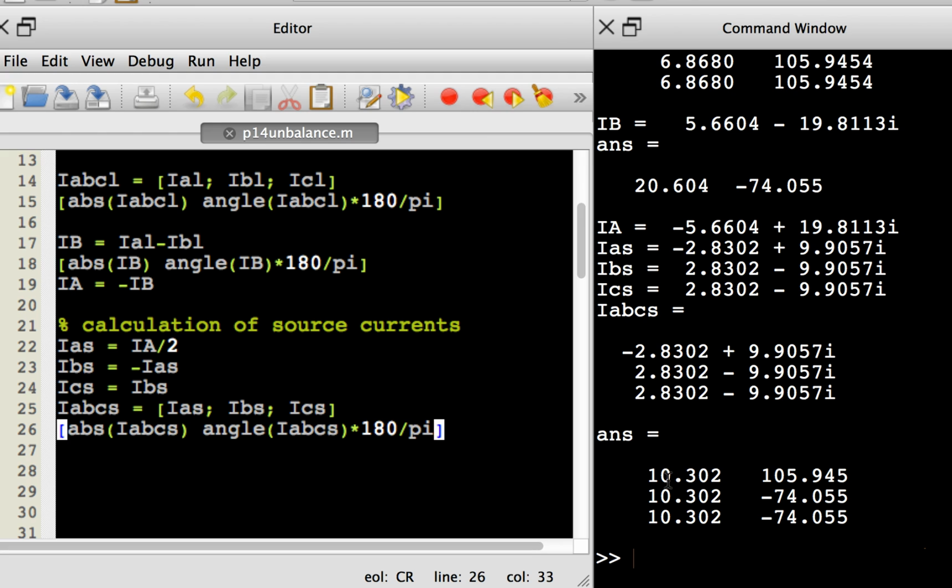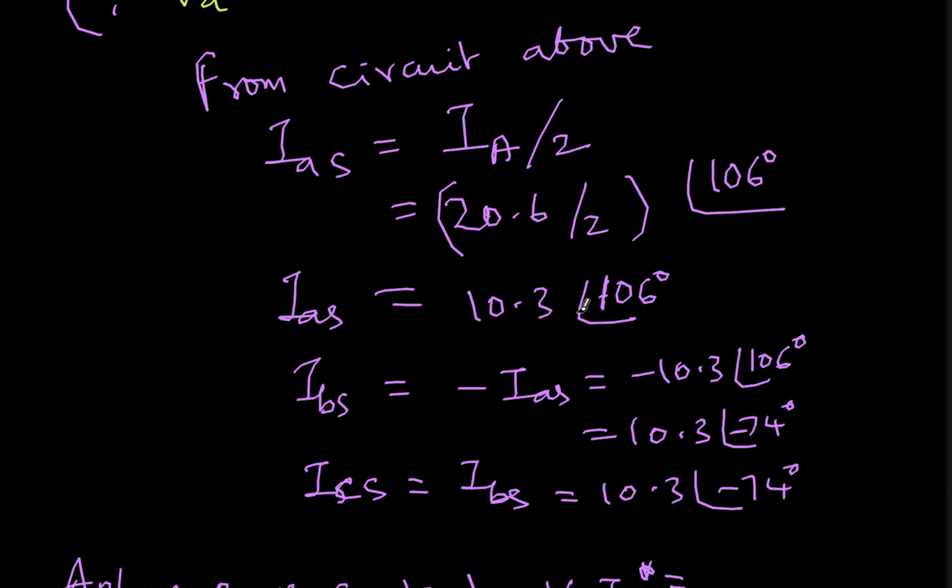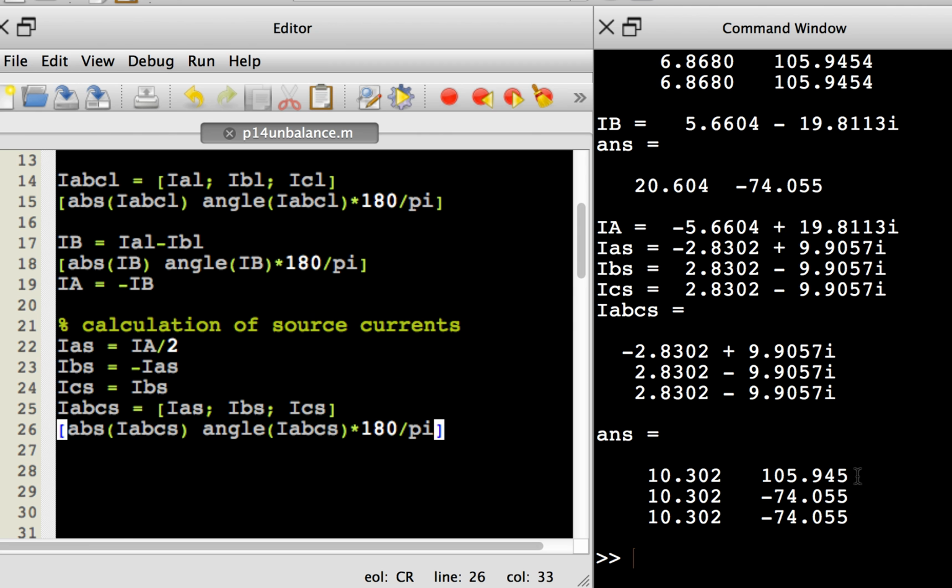You notice this is exactly what we had written. The source currents of A phase, B phase and C phase are 10.3, 10.3, 10.3. So it's exactly matching with our hand calculation.